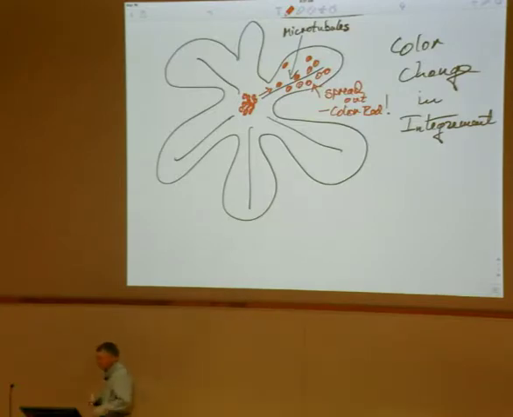Or you can move them all to the middle, and that cell is mostly transparent.